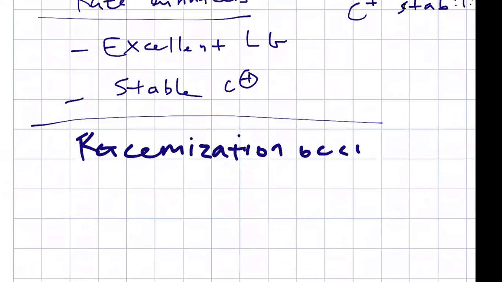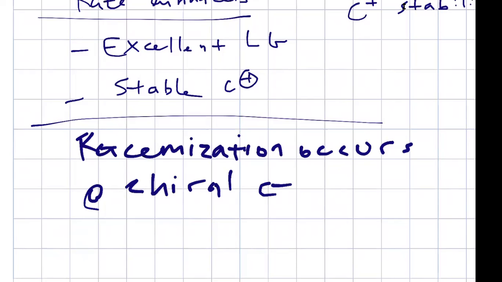So if it's happening at a chiral center, you get racemization. What does it mean to be racemic?